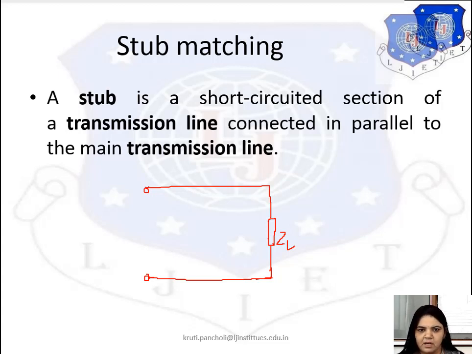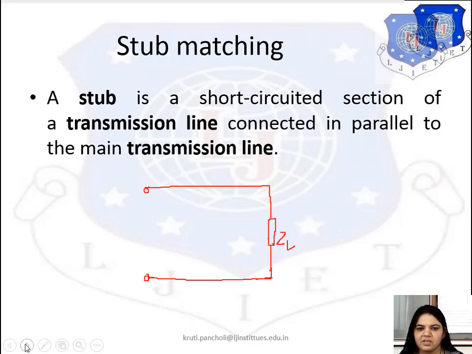What is a stub? A stub is a short-circuited section of a transmission line which is connected in parallel to the main transmission line. Here we can see this is the transmission line, terminated with the load impedance ZL.